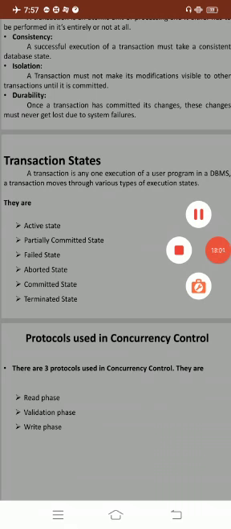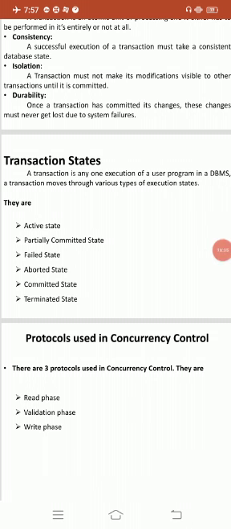The third one is called the failed state. What is meant by the failed state? The failed state represents the abort state, which is nothing but closed.